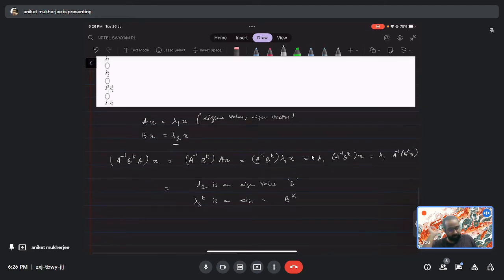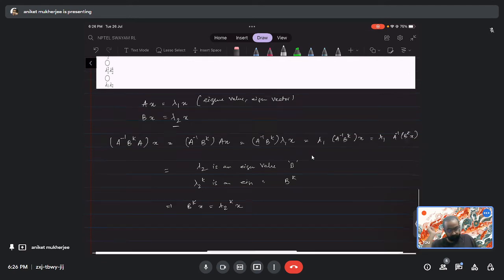So this property I'll use there. Since lambda 2 power k is an eigenvalue for b power k, I can write b power k x is equal to lambda 2 power k x.